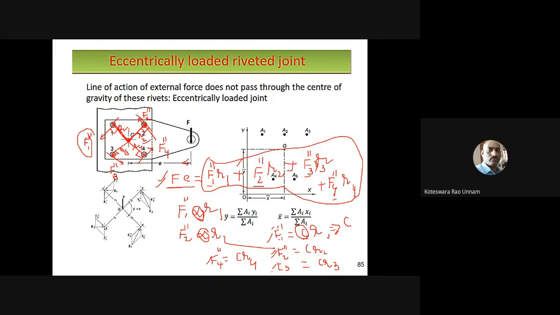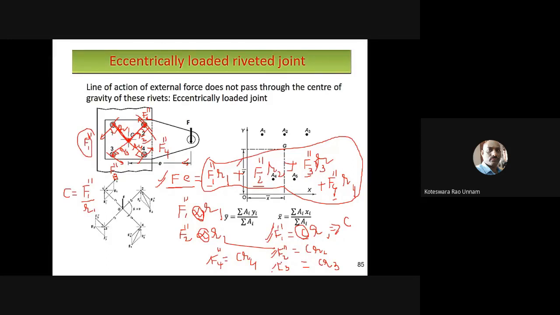I can write this as F1 double dash divided by R1 is equal to C. Similarly, from these 4 equations, I can write C is equal to F1 double dash by R1. So this is from the first equation.